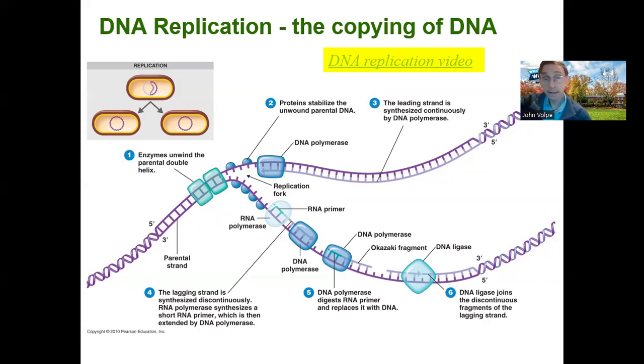The DNA ligase may not have to work at all on the leading strand. If the DNA polymerase begins on the edge of the chromosome over here, and the DNA polymerase moves down the leading strand and never falls off to the end of the chromosome, then the newly replicated strand will be made continuously and there will not be a gap.